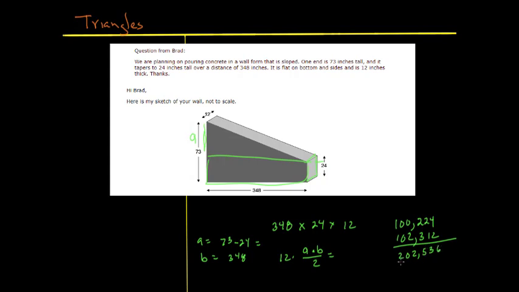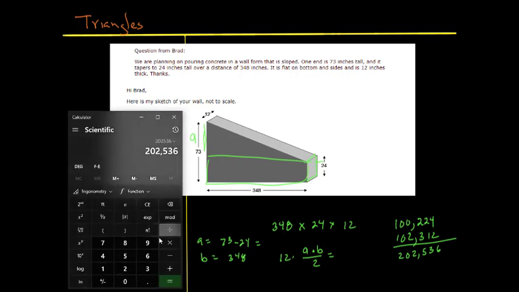Now this gives us cubic inches. If we wanted to calculate cubic feet, we are going to have to divide by 12. But we can't just divide by 12 one time. We have to divide by 12 for each one of the dimensions, the length, the width, and the height. So let's do that. So we're going to divide that by 12, divide by 12, and divide by 12.